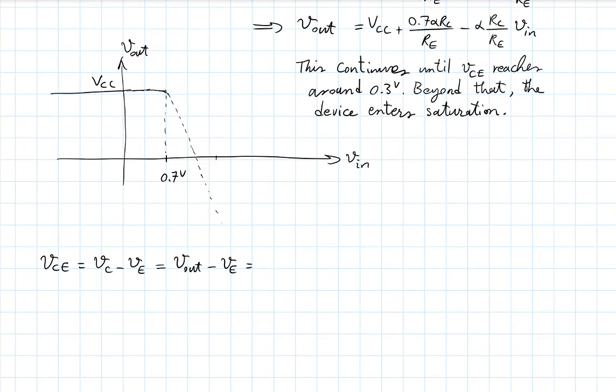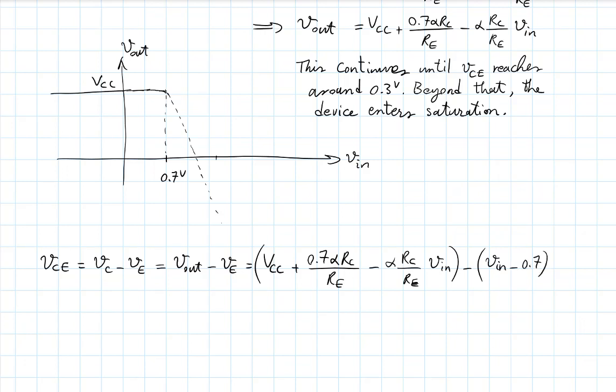So I'll just replace VCC plus this, that's your Vout, minus a VE, which is Vin minus approximately 0.7 volts. Okay?